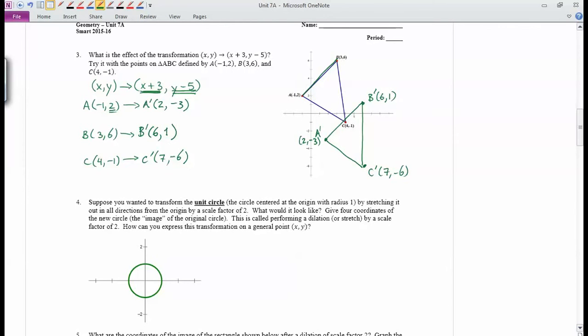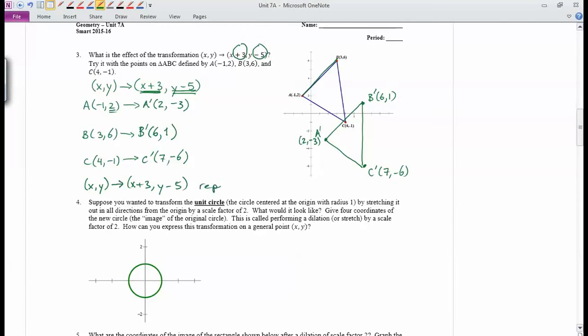And if you think about it, all that really happened was this triangle got moved over a few units to the right and then a few units down. Well, it got moved over 3 units to the right and 5 units down. So this right here, xy, turns into x plus 3, y minus 5.